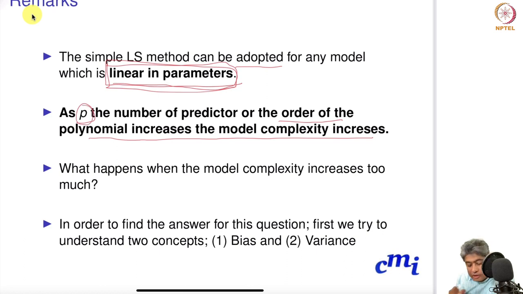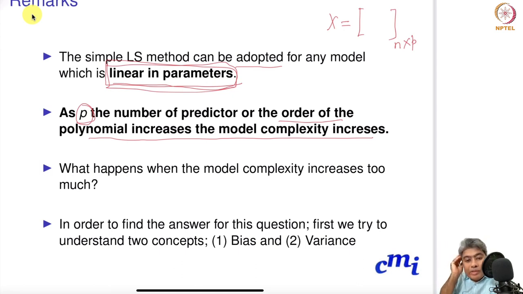P is the number of features, or the number of columns in your design matrix, so typically it is n cross P. As it increases, your model complexity increases.